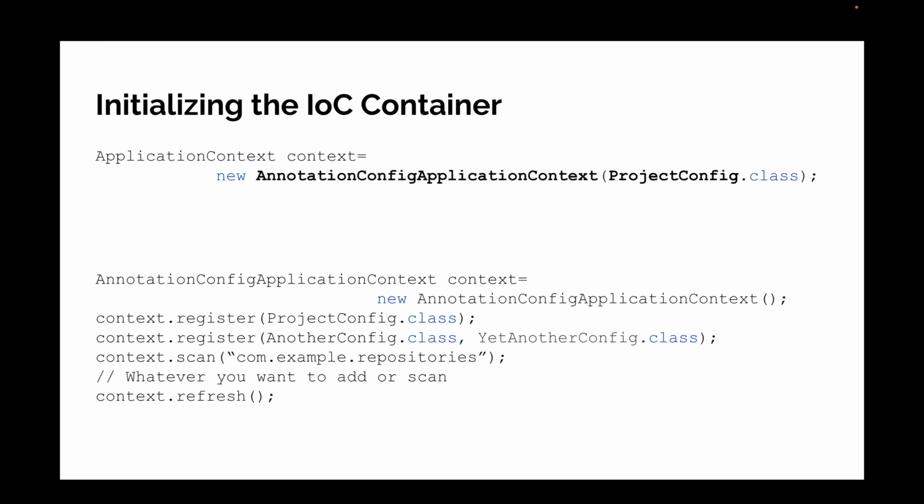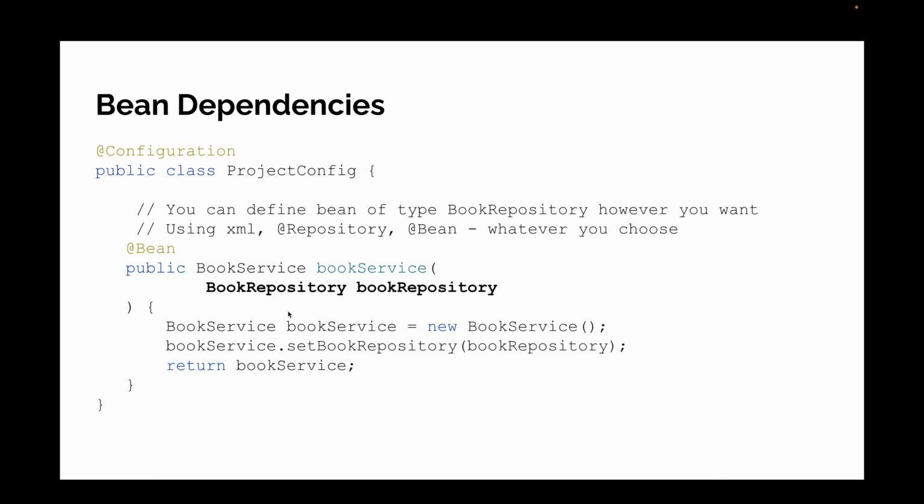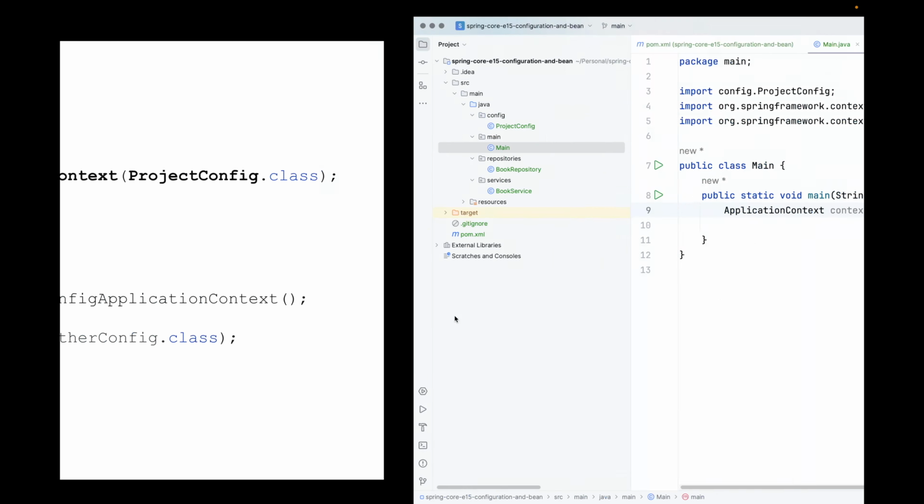Also, we can use the context.scan method as well, which is similar to the @ComponentScan annotation which we have seen. So this will scan this package and register all the beans defined by stereotype annotations. And at the end we need to use context.refresh. So that's how we use it.